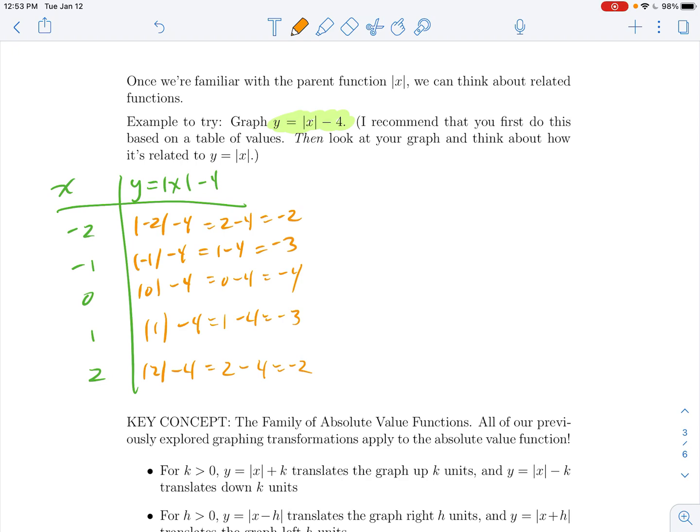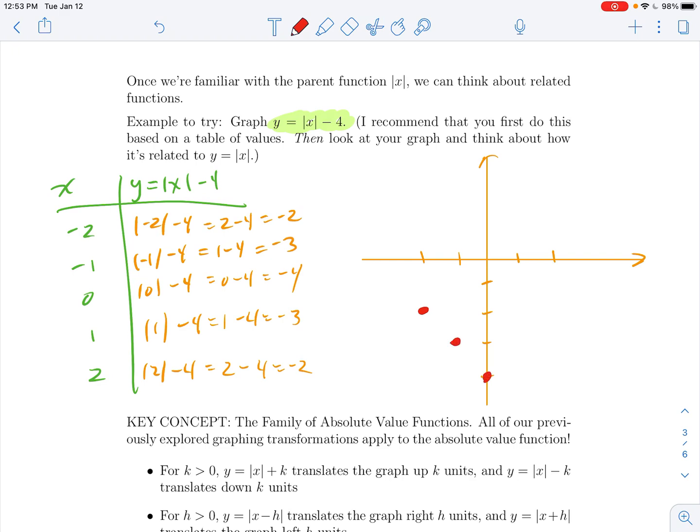And we could graph this by plotting those points. And you can mostly watch this. I'm doing it really quickly. Maybe it's better for you to just think about this. I have a point where x is negative 2 and y is negative 2. I have a point where x is negative 1 and y is negative 3.